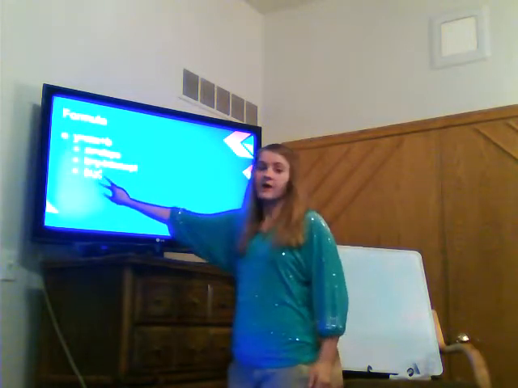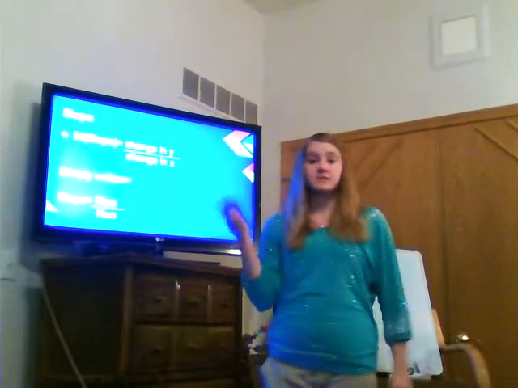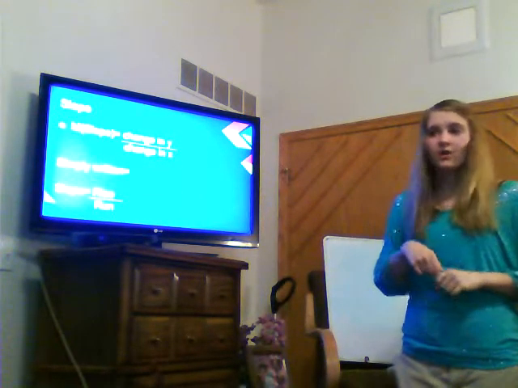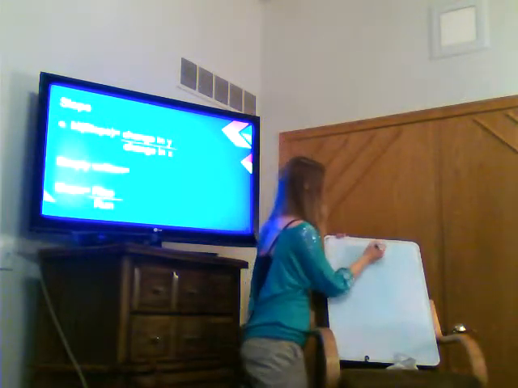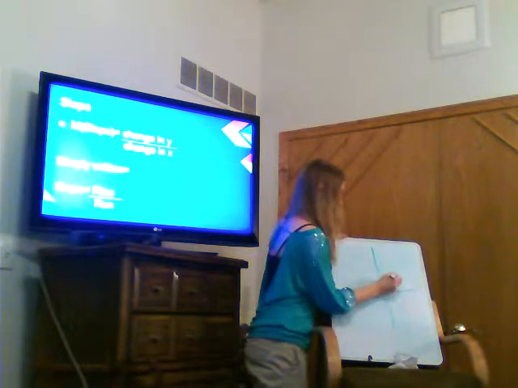Then the x and y are your coordinates. Now, let's start with slope. Slope is a very touchy subject. A lot of people get confused on X and Y and which way they go and how you go rise or run or wherever it goes. So, I'm going to show you an easy way. First, let's learn how to find slope.